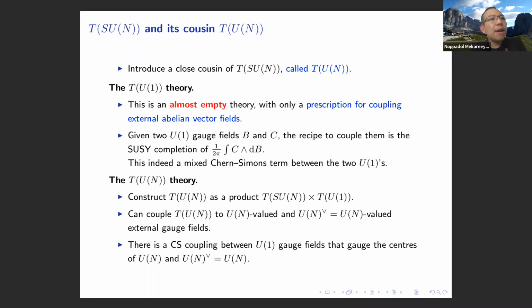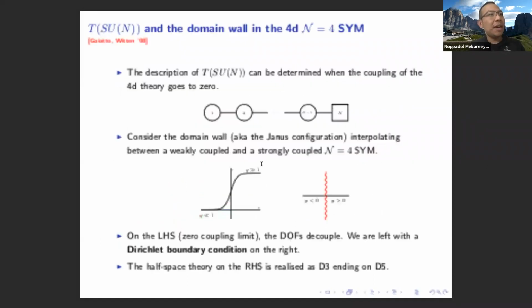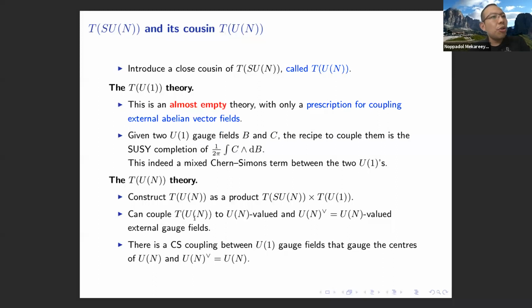Okay. Now, what is interesting is that you can construct the TUN theory by just considering a product of TSUN times TU1. TSUN is as you saw before, and now TUN declares that when you have TU1, you couple them together by this type of coupling.